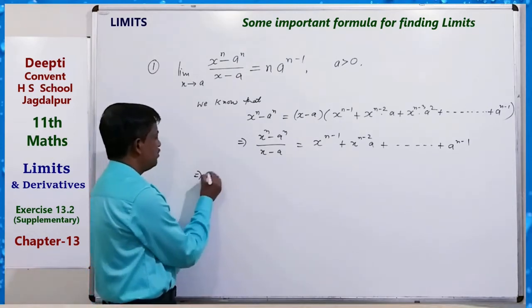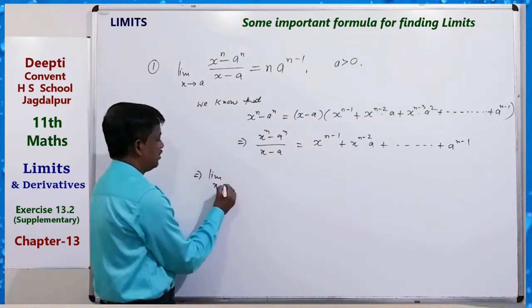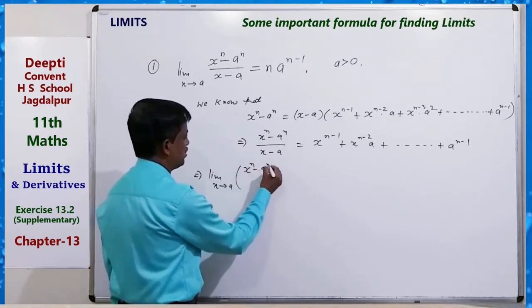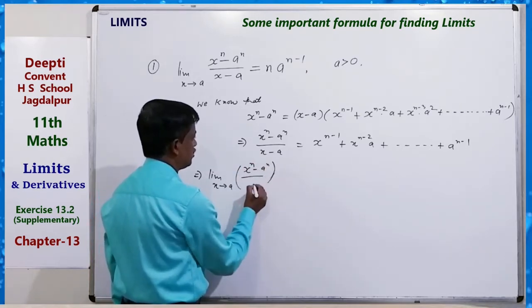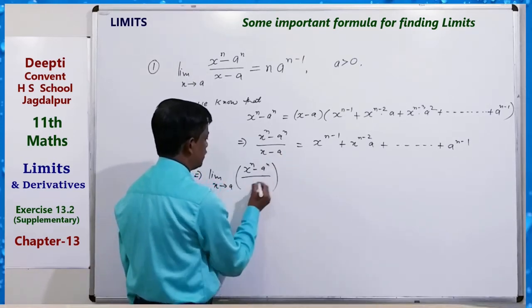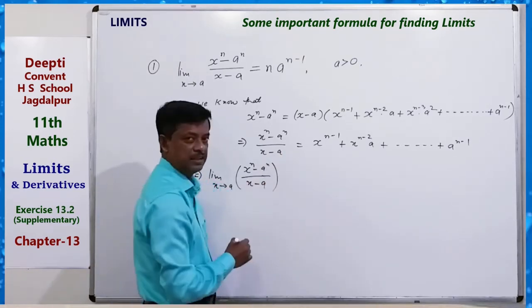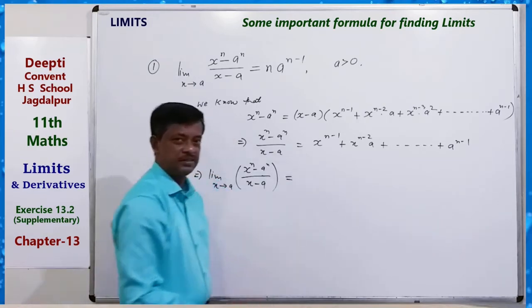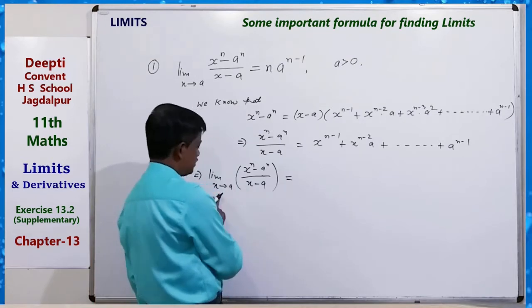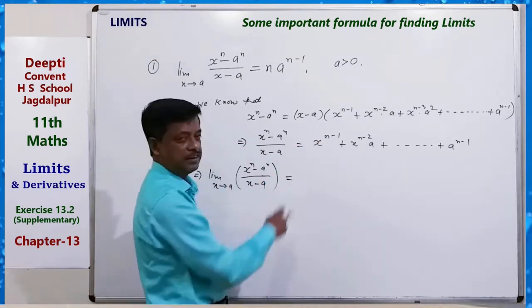Now take the limit, x tending to a, of x to the power n minus a to the power n upon x minus a. So this is equal to, just taking the limit here.